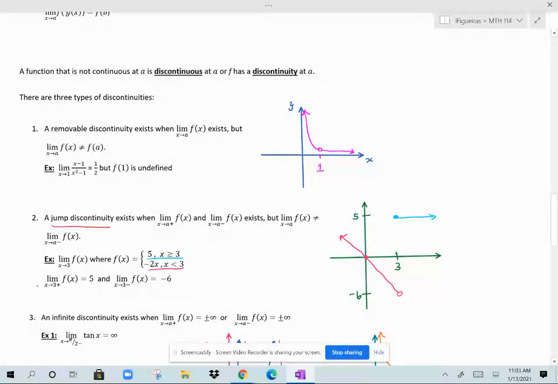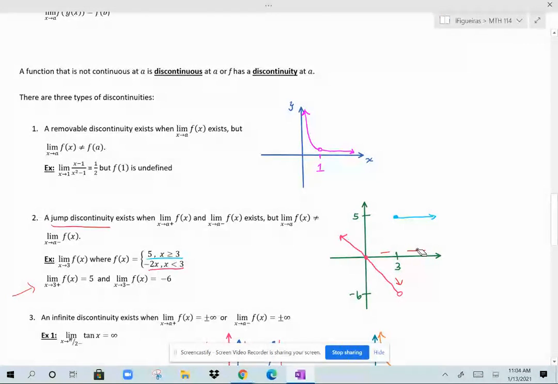So you can see that the limit as x approaches 3 from the right is 5. So on the right side of 3, my graph is going towards 5. But on the left side of 3, my graph is approaching negative 6. My limit values are different. My function exists. It actually exists at 3 and is equal to 5.